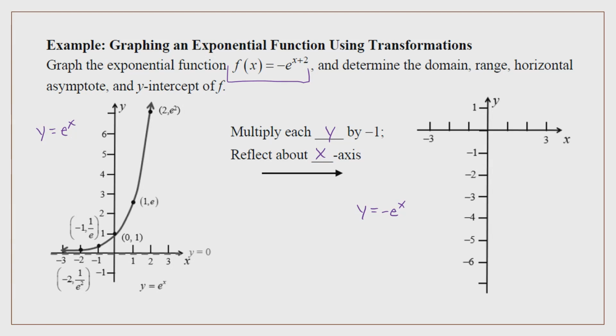Okay, so now we'll start with each point and then just reflect. Again, some of these values are very, very small, which is okay. Just try and get as close as possible. All right, so we had the point (0, 1), and so now we're going to have the point (0, -1). Then we have the point (1, e), and remember e is approximately 2.718. So now we'll have the point (1, -e).